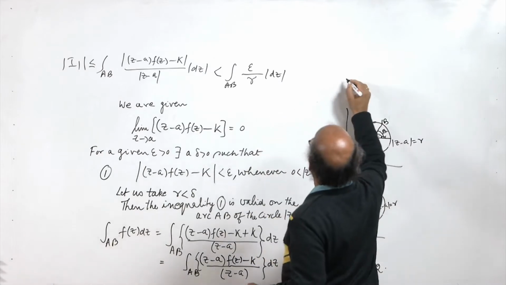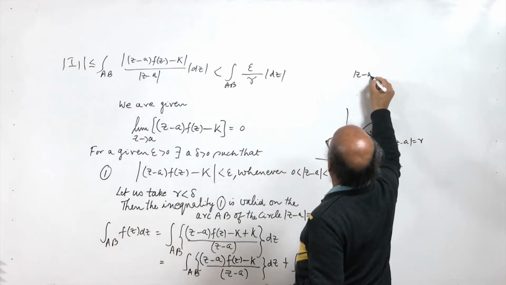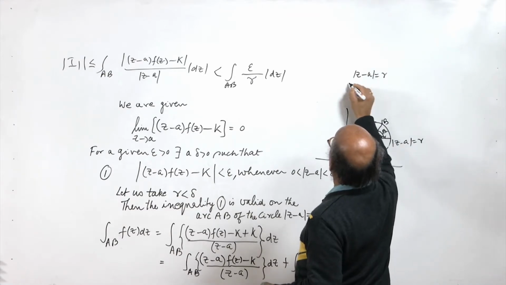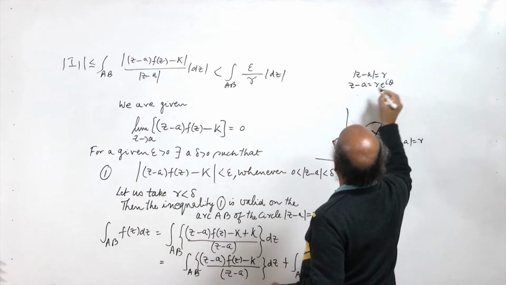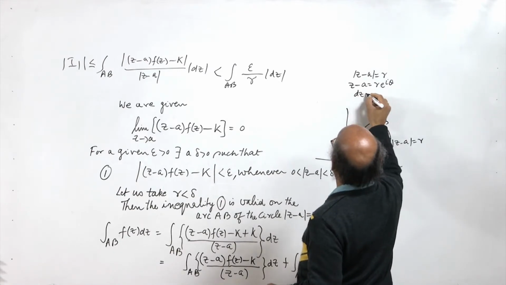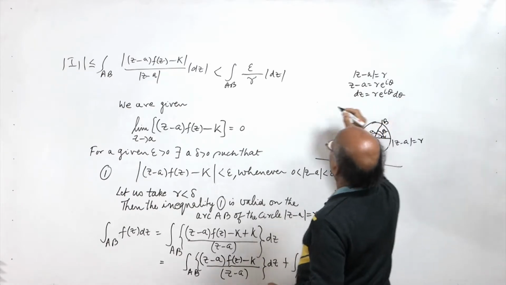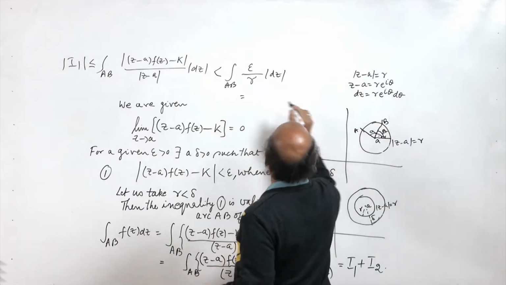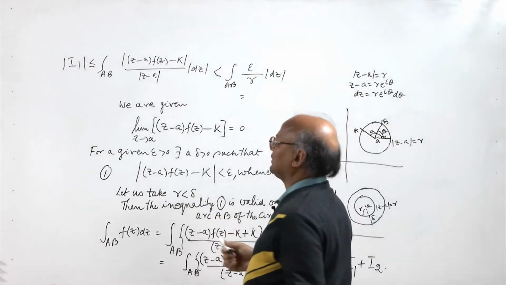Now, on the arc AB, mod of z minus a equal to r, I can write in the parametric form z minus a equal to r e to the power i theta. So, dz equal to r e to the power i theta into i d theta. And for the arc AB, theta varies from alpha to beta, this is given to us.